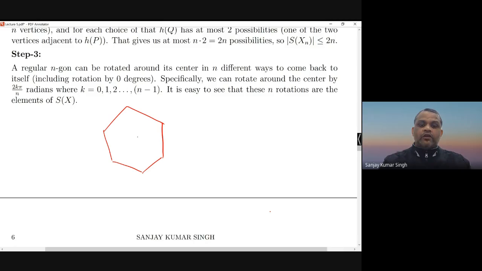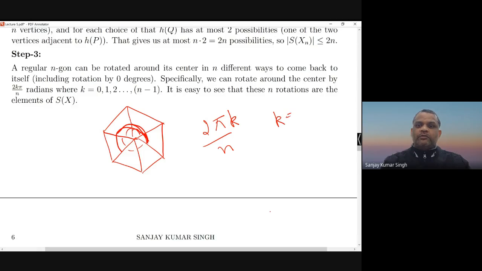I can divide these angles, and I know all these angles are the same, and actually these are 2 pi by n. So now I take this angle, then this angle, now I take this angle, again I take this angle. So I will call them 2 pi k by n, where k varies from 0 to n minus 1.